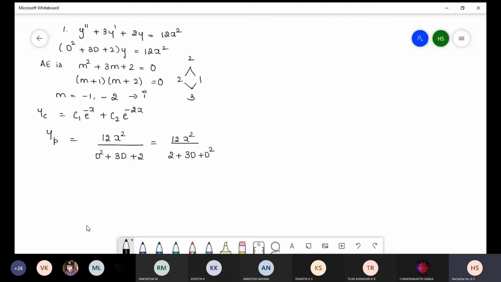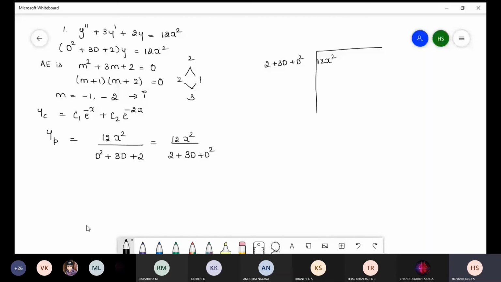Now use the division method. Here I write x square. If you write 12x square also, it's okay. If you write only x square, it will be in the division form. So let us write 12x square only, the complete term of the numerator.